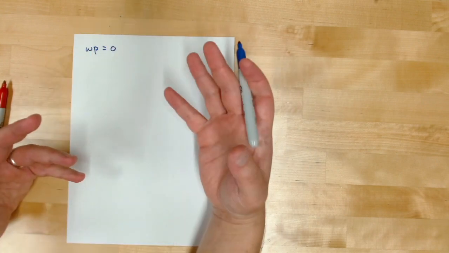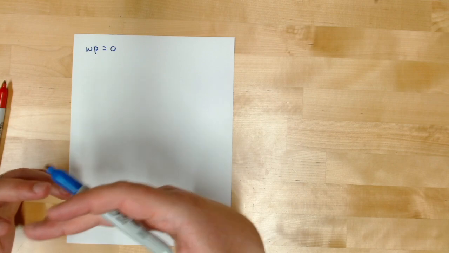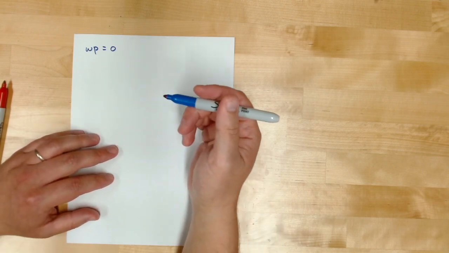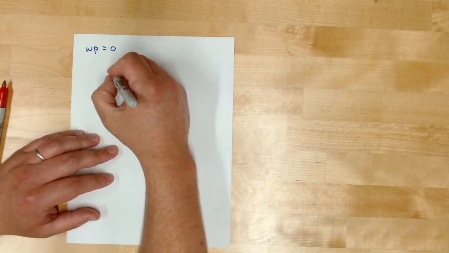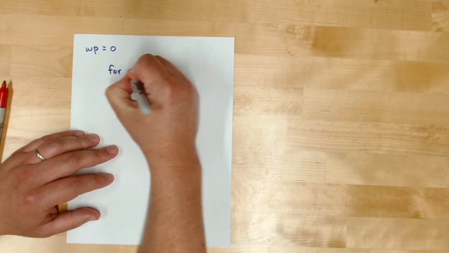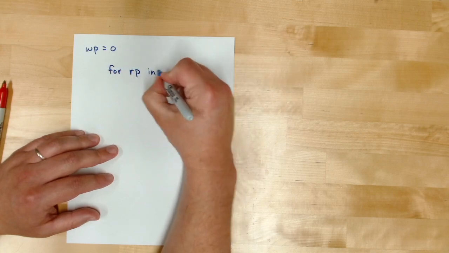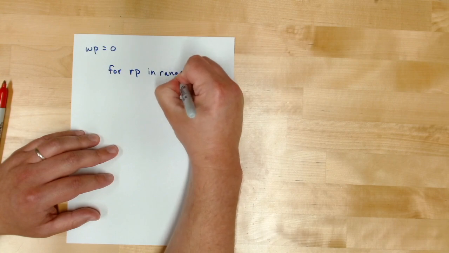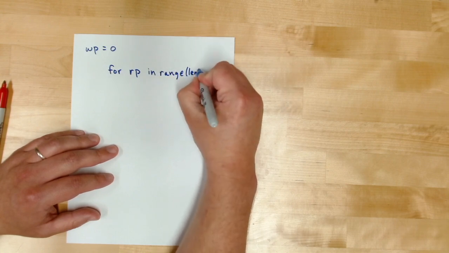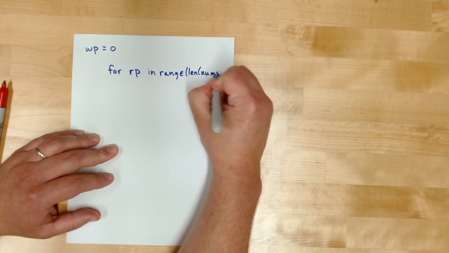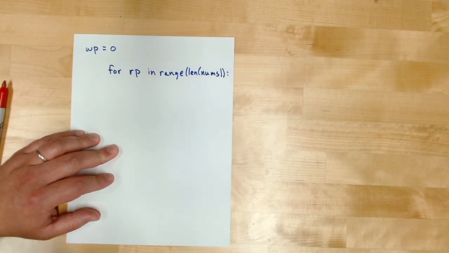Okay, so we're going to write out some code. This is not optimized, but we're just going to write out how we're going to go through and check each value. So we're going to do a for loop. We'll say for read pointer in range the length of nums. Okay, so let's think back to what we checked.